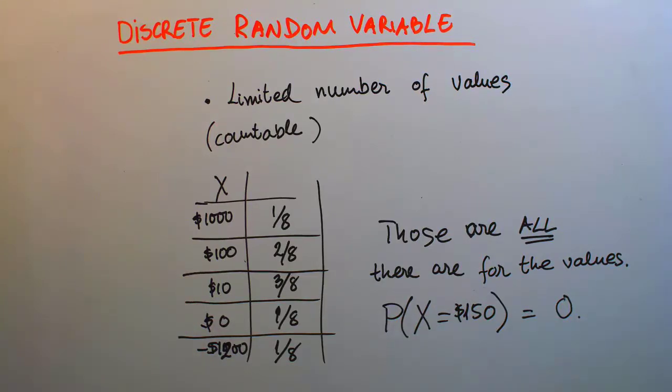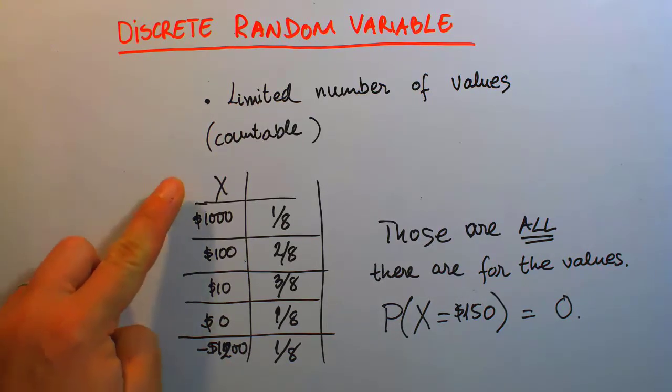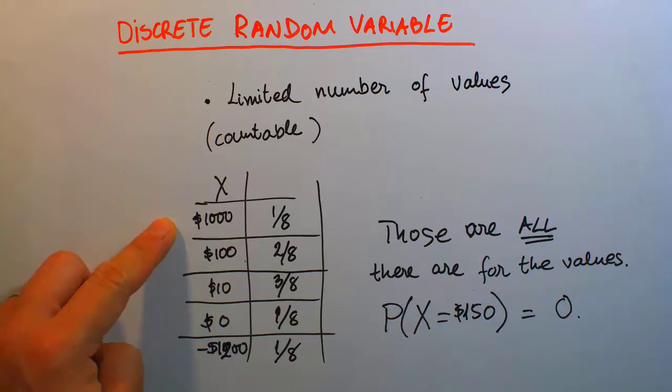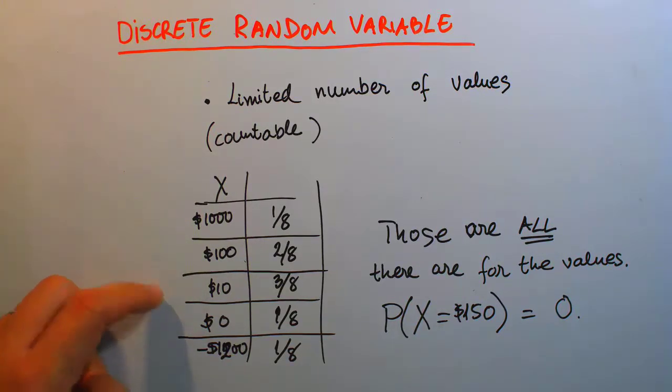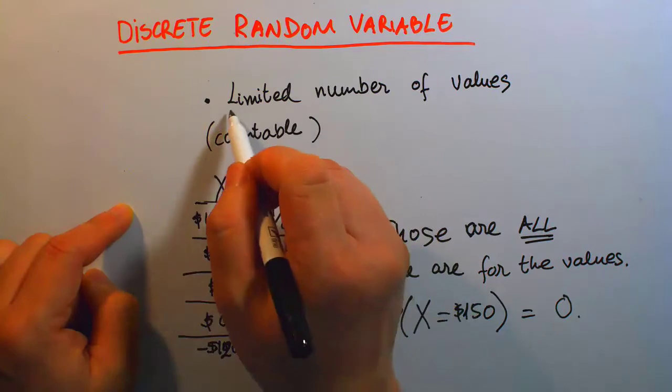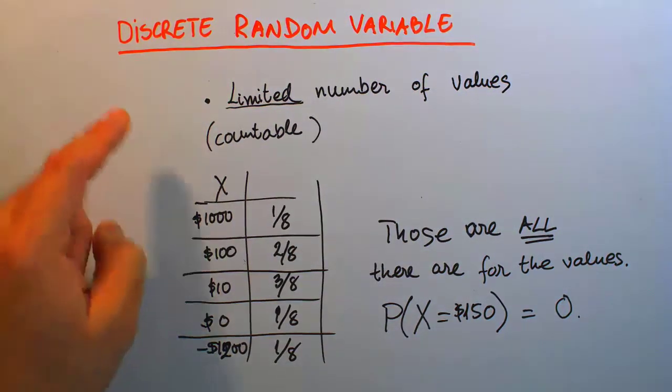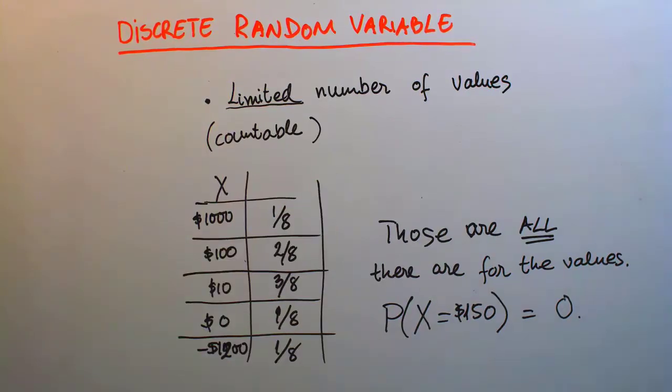So we can still have an unlimited amount of data, so it's still population data, but no matter how big our population data is, the values only bounce back and forth between these values. And that's crucially important for understanding a discrete random variable: we have a limited number of values.